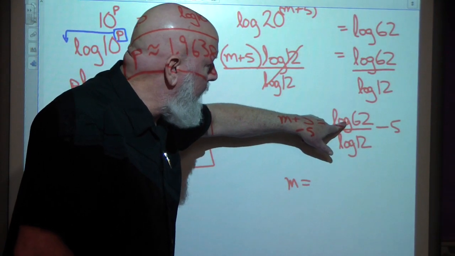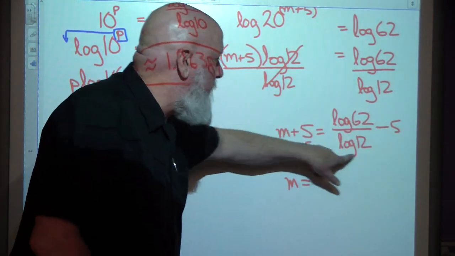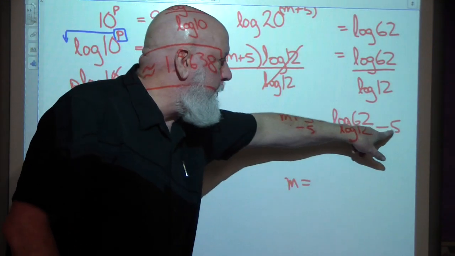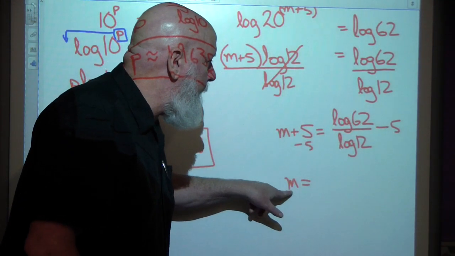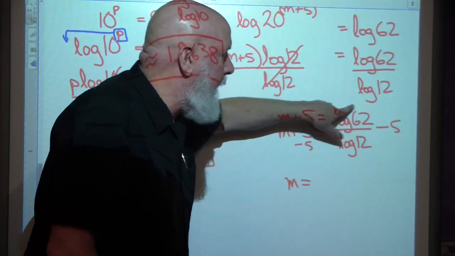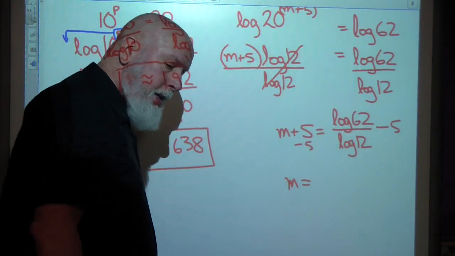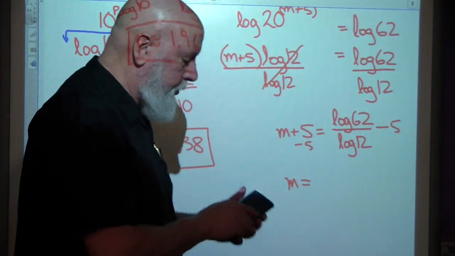But what I'm going to do now is I'm just going to enter this just the way it looks, because when I subtracted 5 from both sides, that isolated my m. So all I have to do is put this into my calculator and hope I don't make a mistake in doing so.